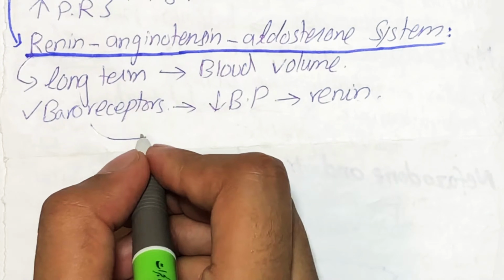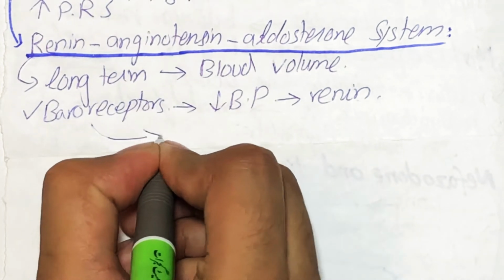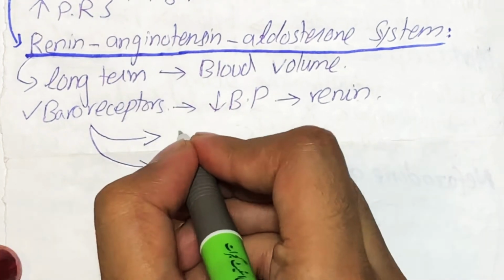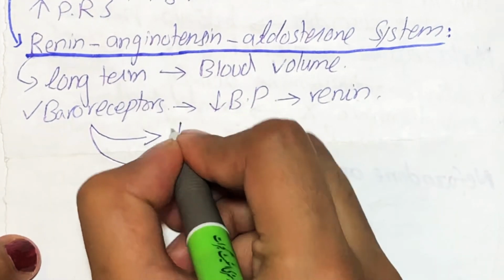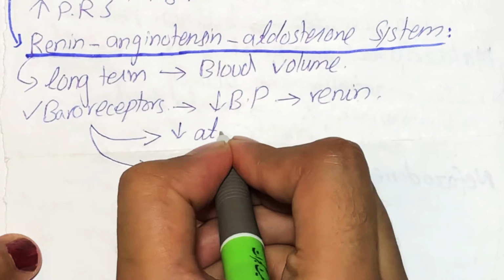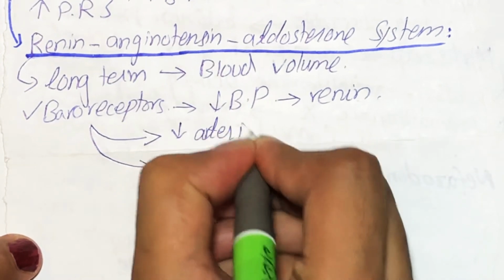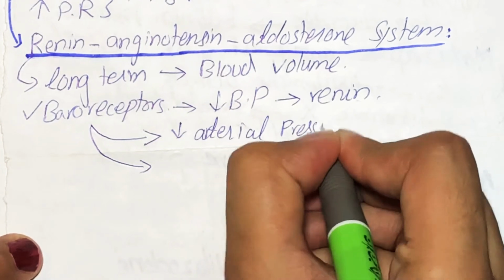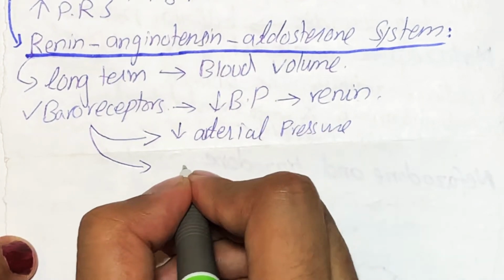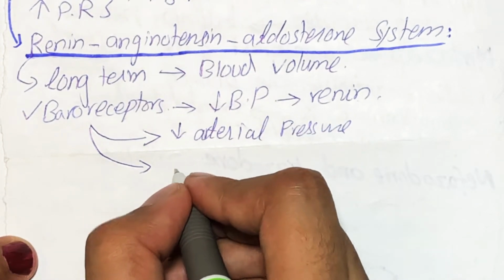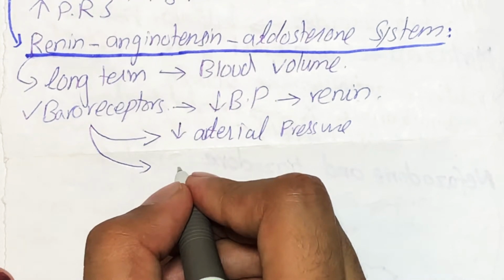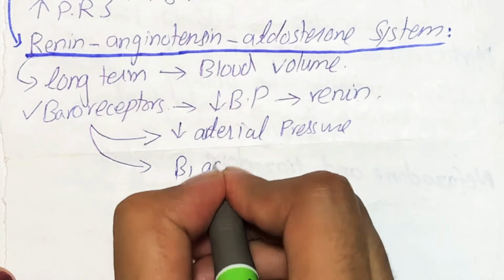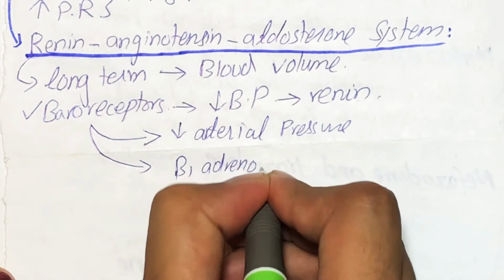These baroreceptors cause the release of renin when there is reduced arterial blood pressure, and also when there is activation of sympathetic stimulation, that is beta 1 adrenoceptors.